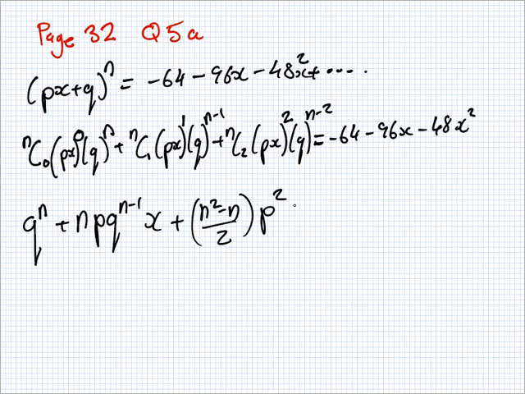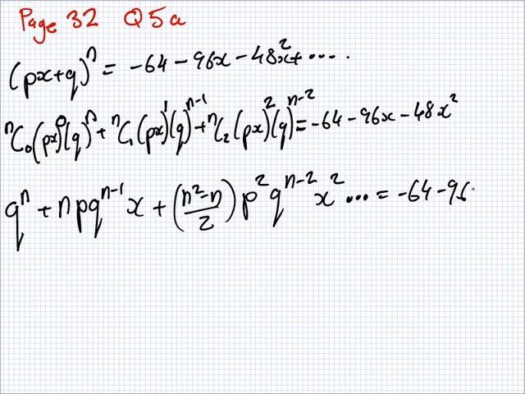p squared q n minus 2 x squared dot dot dot equals minus 64 minus 96x minus 48x squared dot dot dot. Now let's compare. So we can make 3 equations. Equation 1. Qn should equal what? Minus 64.